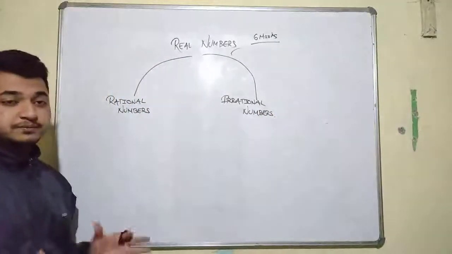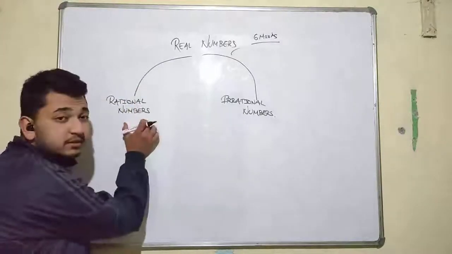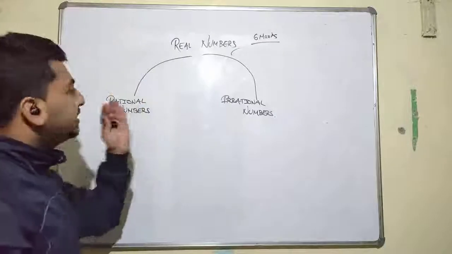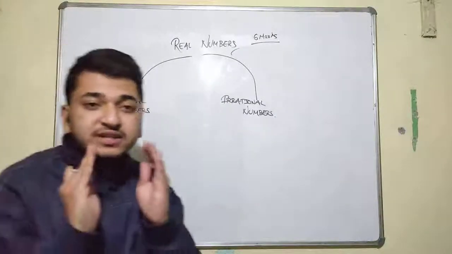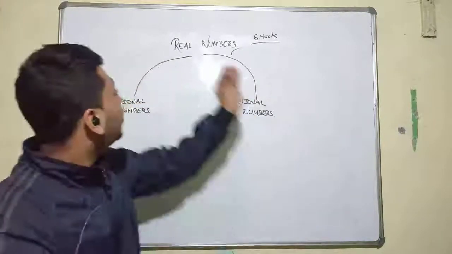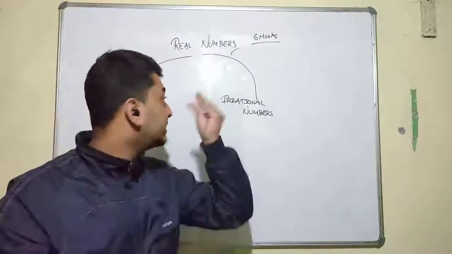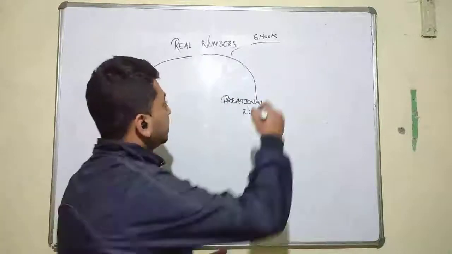So I hope you know what is rational numbers and what is irrational numbers. But before beginning this topic, I hope something is coming to your mind, that there is only real numbers. There is not a number termed as imaginary numbers.